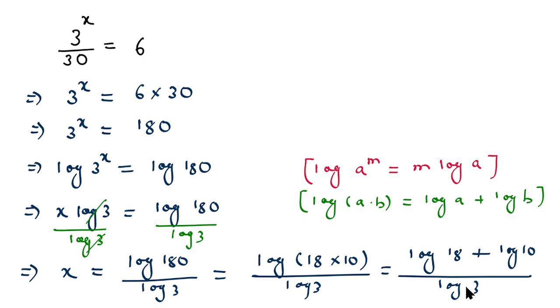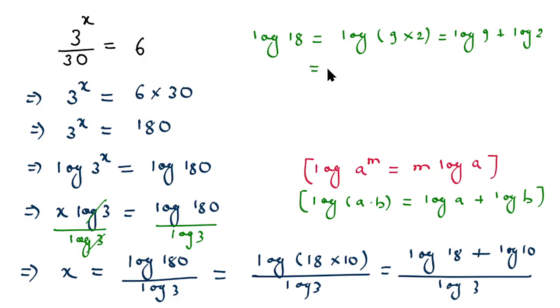Okay, now to find the value of log 18 I can separately solve here. That means we can write log 18 is equal to log 9 into 2. Using this formula we can write log 9 plus log 2.